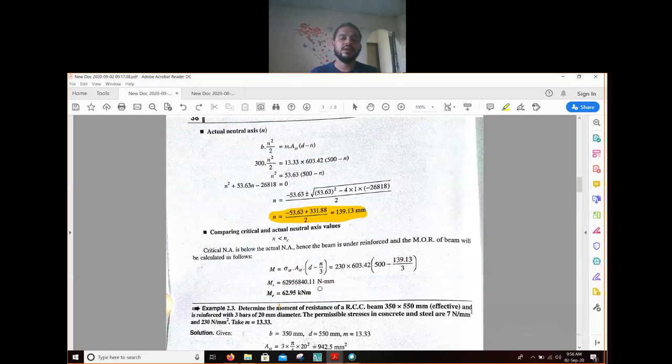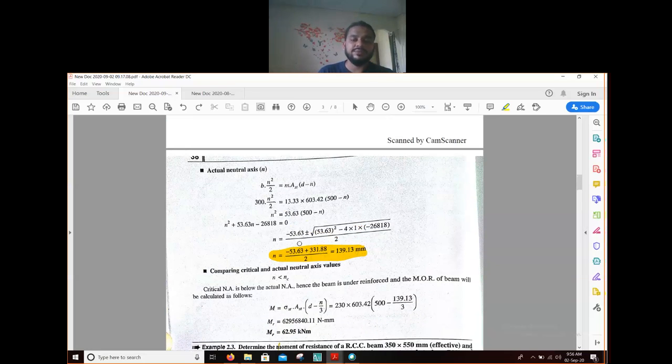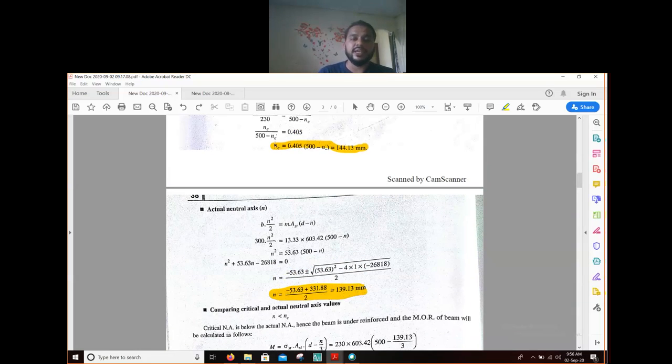Now, if I ask you one question, for this problem, if the critical neutral axis depth is less than the actual neutral axis depth, then what will we do? Say in a particular problem, you have got the depth of actual neutral axis more than the critical neutral axis, this n value is more than nc.